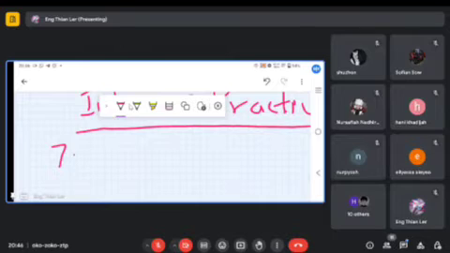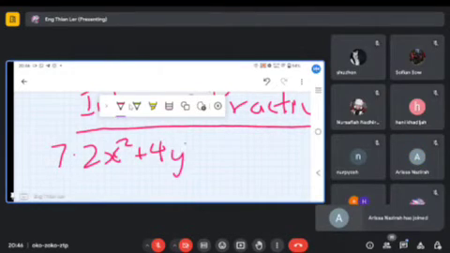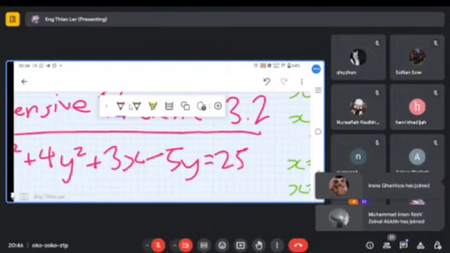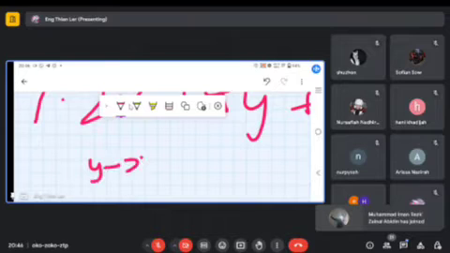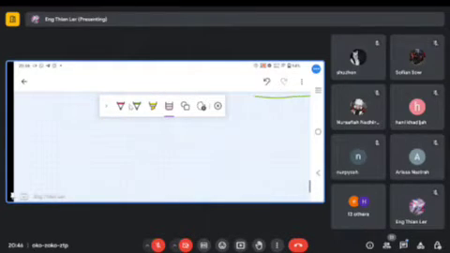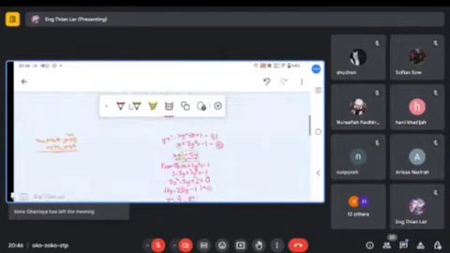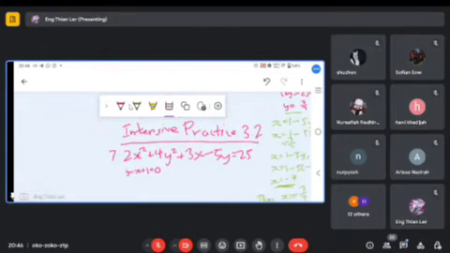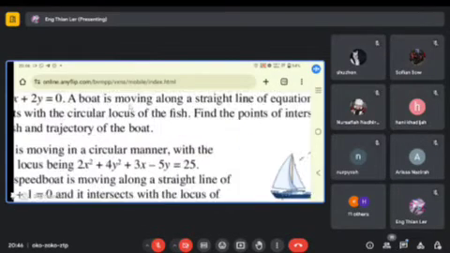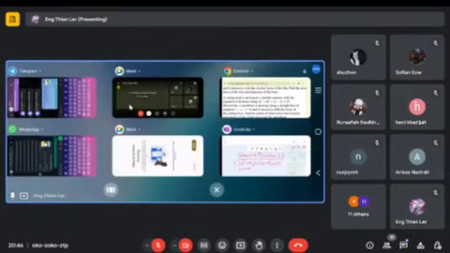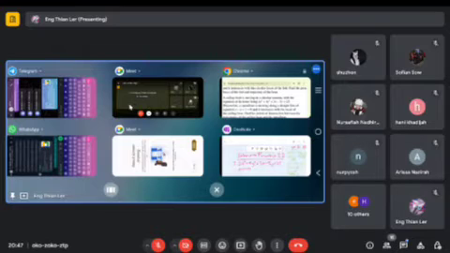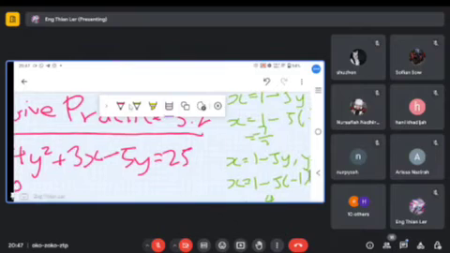So they give us 2x squared plus 4y squared plus 3x minus 5y equal 25, and the second one is y minus x plus 1 equals 0. Okay, so now we have two equations.